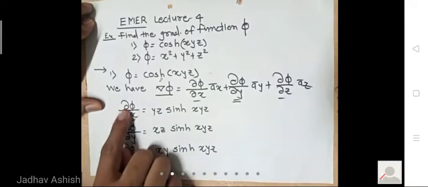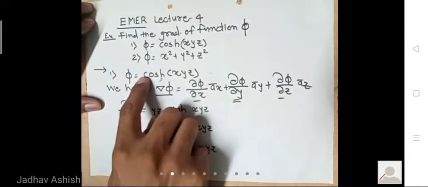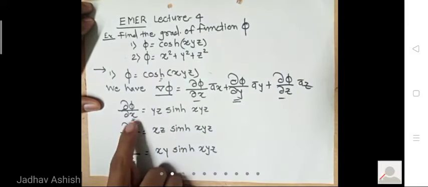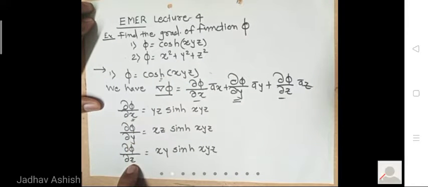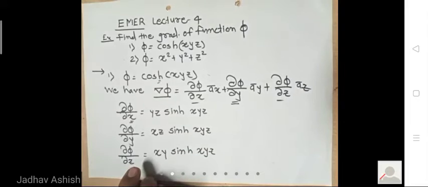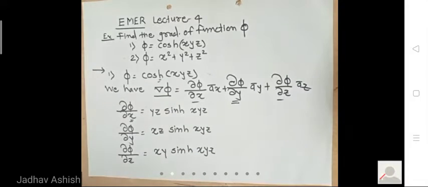By the time, these are the derivatives of this cosh xyz with respect to x, with respect to y, and with respect to z. So let us combine all those to obtain the final answer.